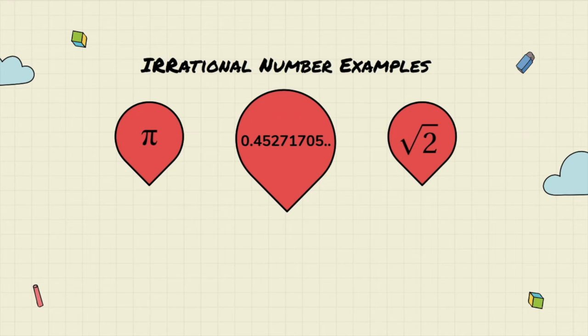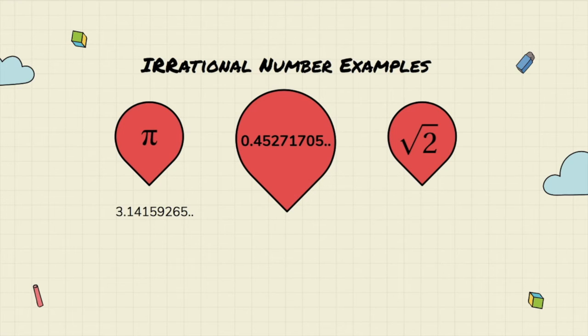Now, let's look at irrational number examples. We have pi, which if you don't know is 3.14159265, so on and so forth. It does not have a repeating pattern, and it does not terminate, so we cannot turn this into a fraction, and therefore is irrational.